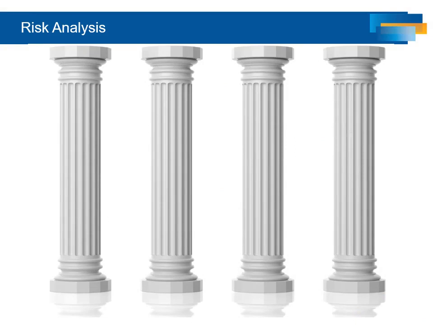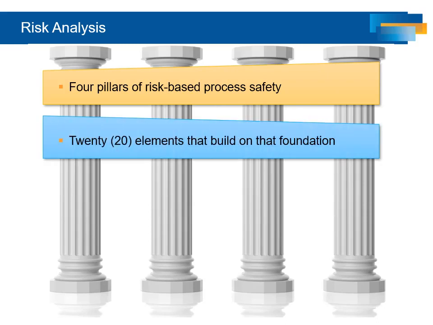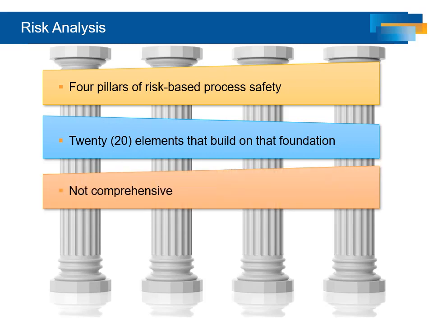We briefly discussed risk-based process safety in the core module, considering the 4 pillars or foundation blocks on which RBPS rests. Now we're going to go beyond that and consider the 20 elements that build on that foundation. This is not a comprehensive course on RBPS.